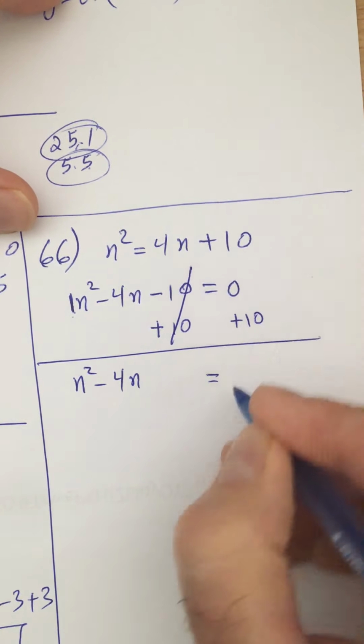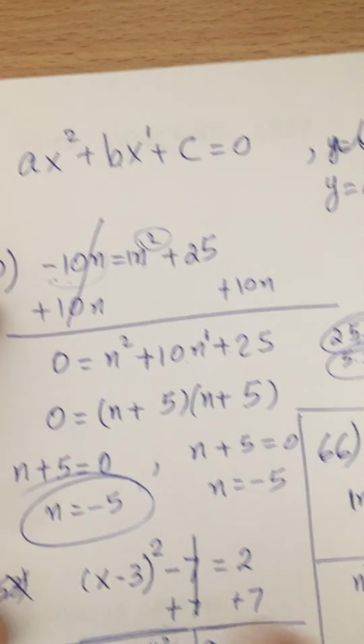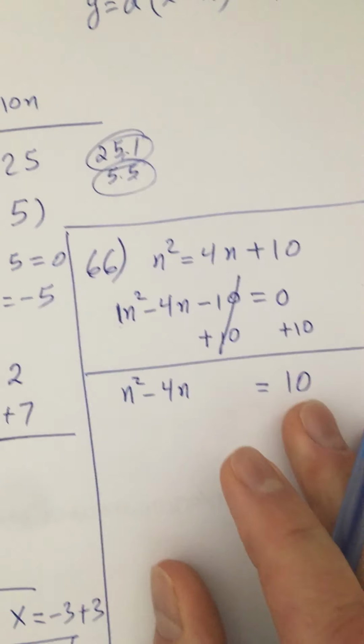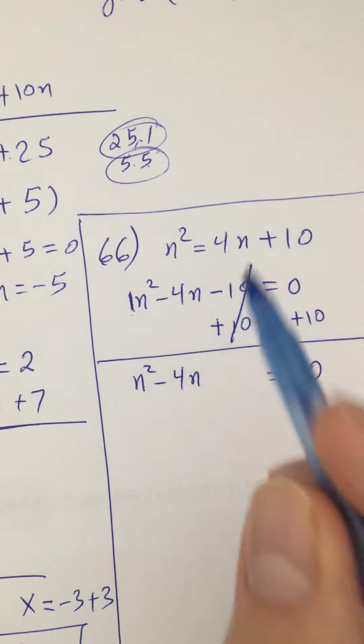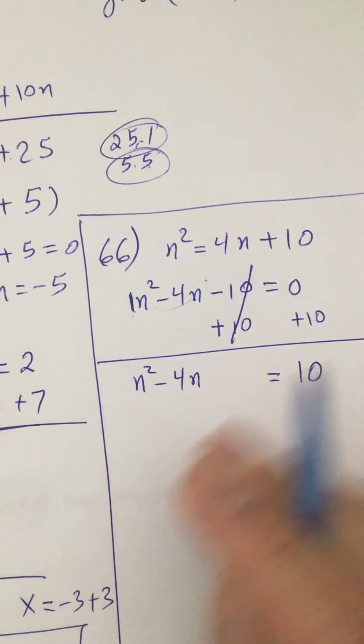Okay, step number 3. Add quantity b over 2 squared to both sides. So what is b? Well, b is the coefficient in front of your variable with a power of 1. You see, this is n to the power of 1. So what's the coefficient in front of it? Negative 4.